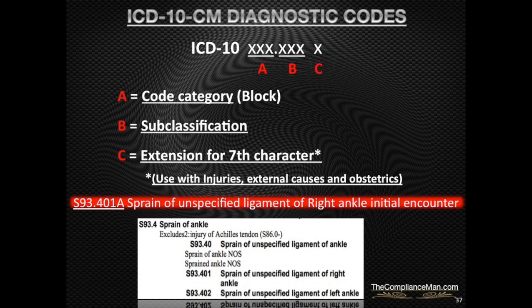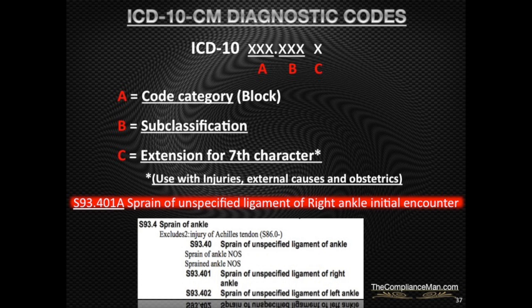When you go to your tabular list, you'll see in the white box underneath, that's what you'll see. And you'll see that you have the block S93, which would deal with sprains. Then the .4 tells you that it's a sprain of the ankle.